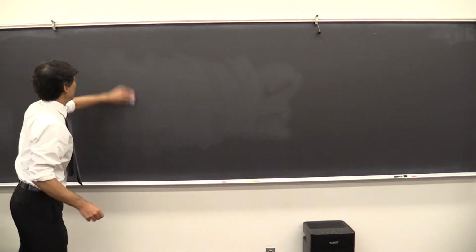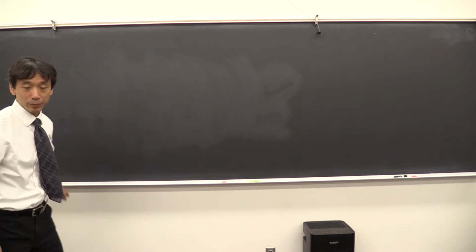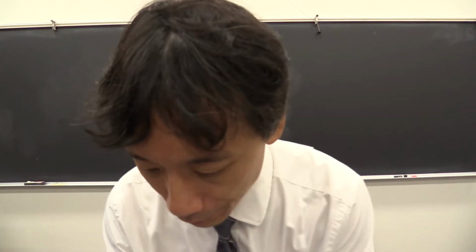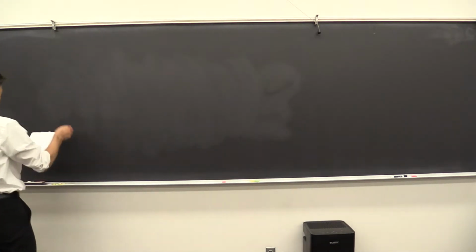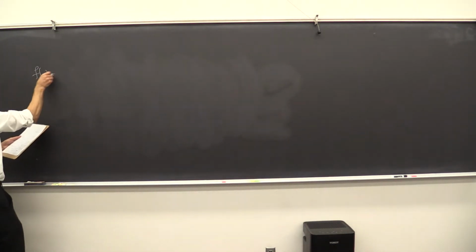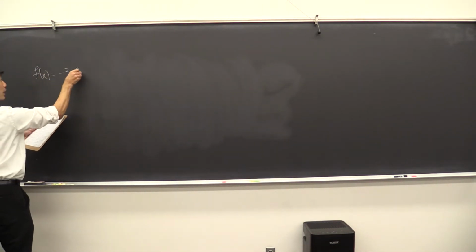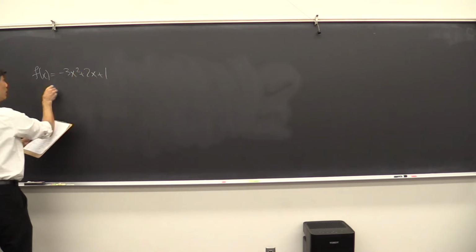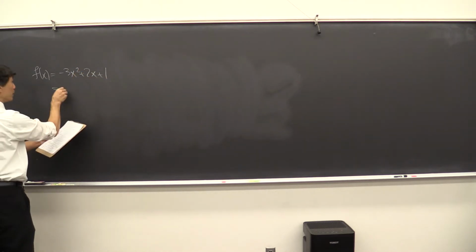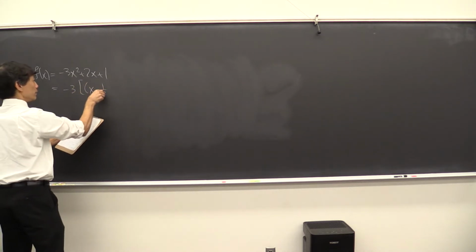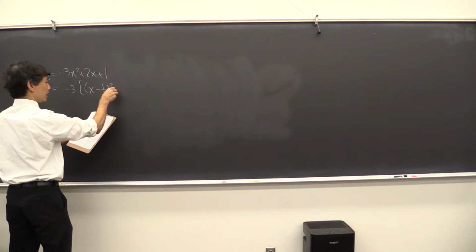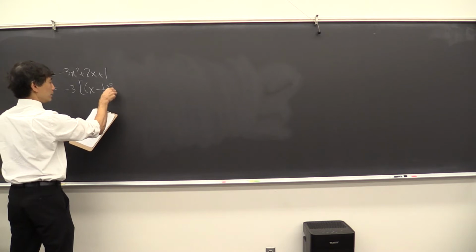Right, and so we finished up last time with this one example: f of x equals negative 3x squared plus 2x plus 1, which we used completing the square on to show that it had this form: negative 3 quantity times this guy here.